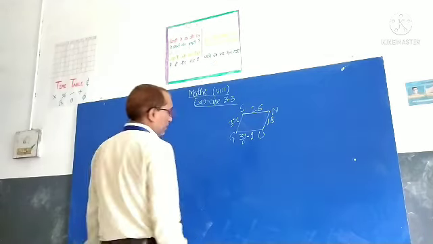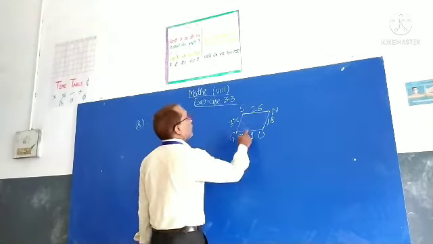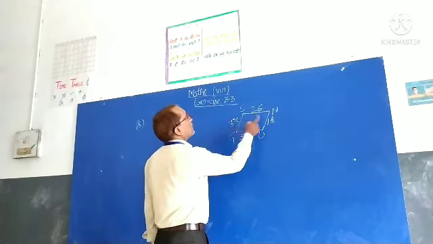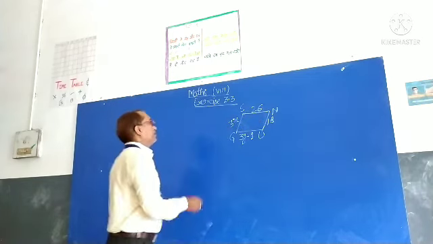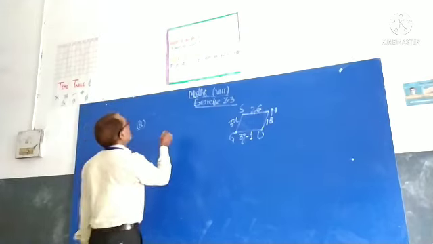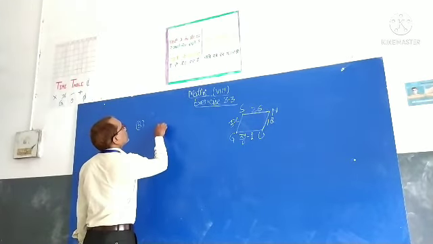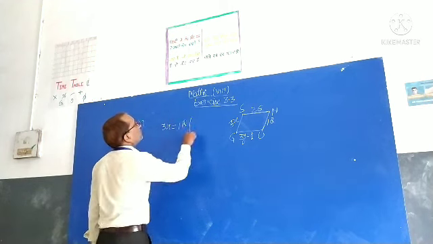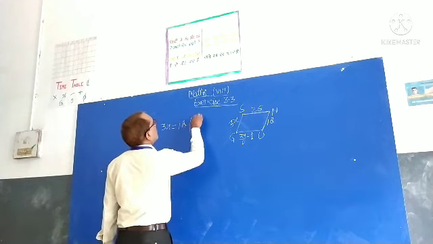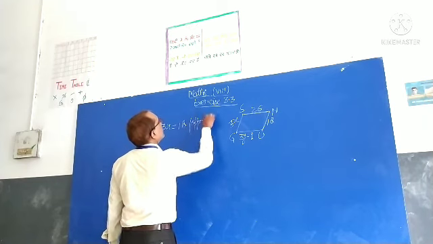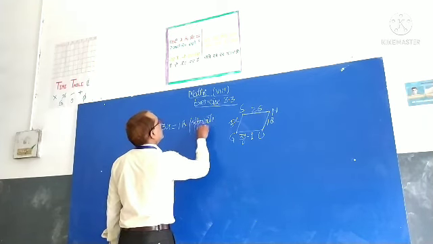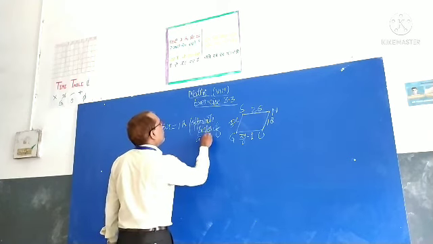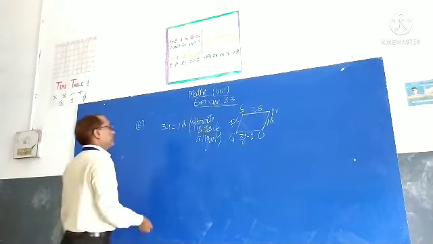You know that in the parallelogram, opposite sides are equal and parallel. By this property, you write down 3x is equal to 18, opposite sides of a parallelogram.